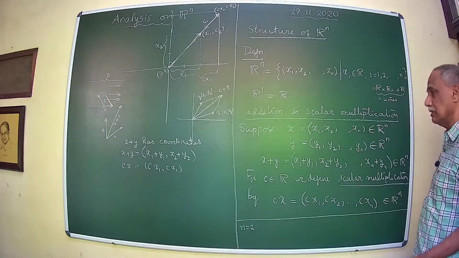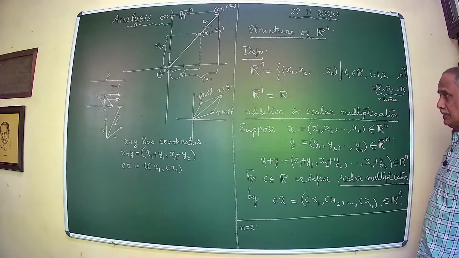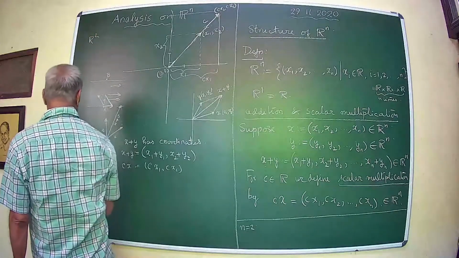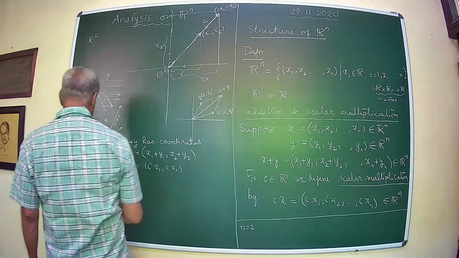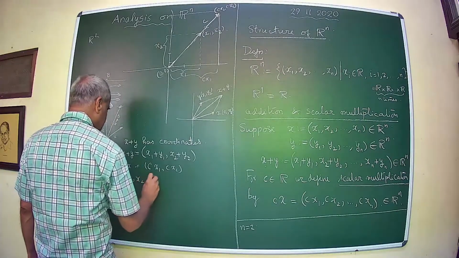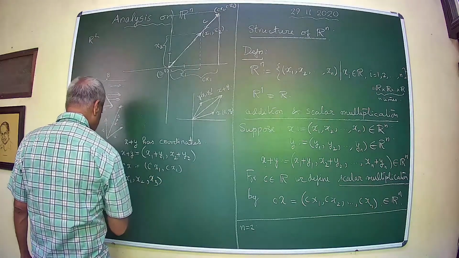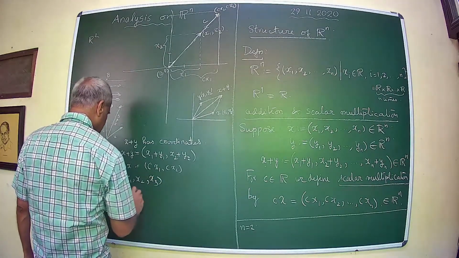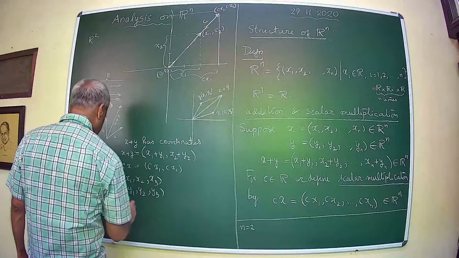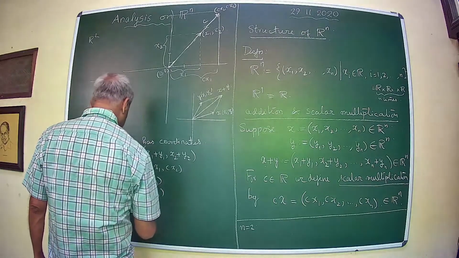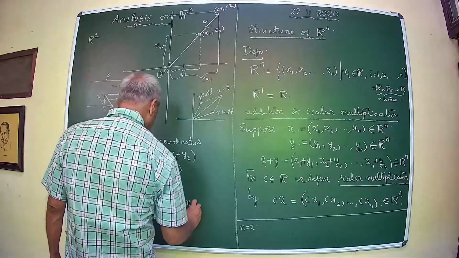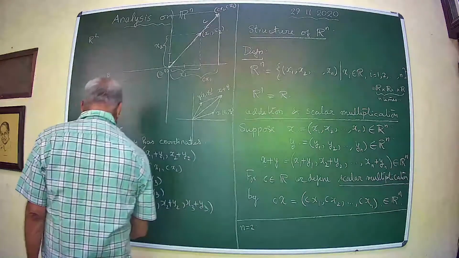So this idea extends from R2 to R3. In R3 also you have x plus y and Cx.